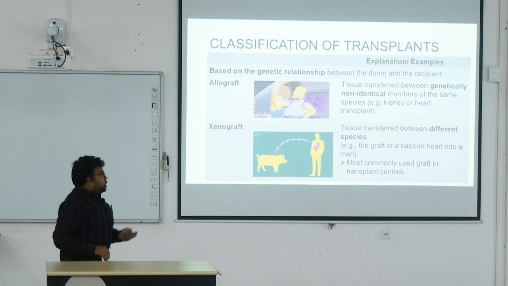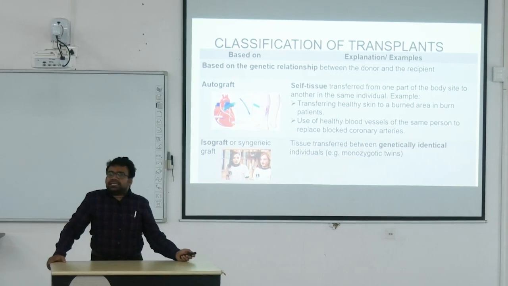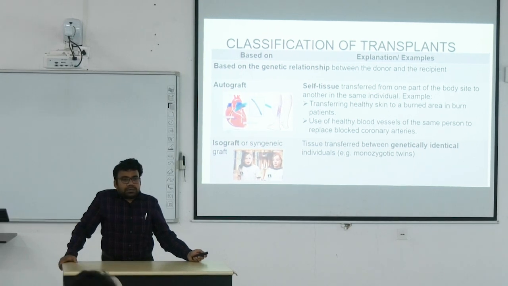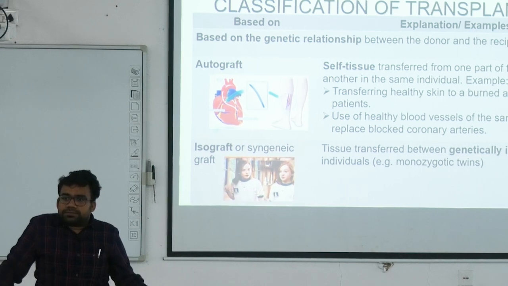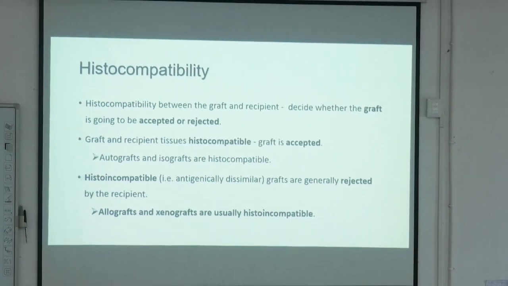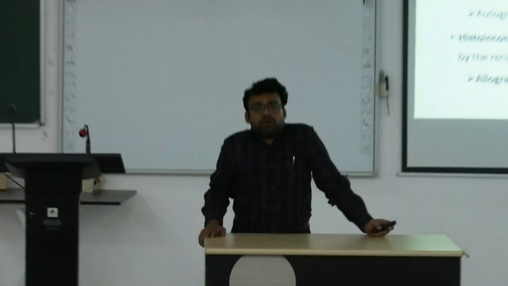Now, just to make it clear, in case of autograft, there is no antigenic dissimilarity. So, do you think the immune system will act on this graft? Now, coming to histocompatibility. What is histo? Tissue. And compatibility here means immunogenic compatibility.